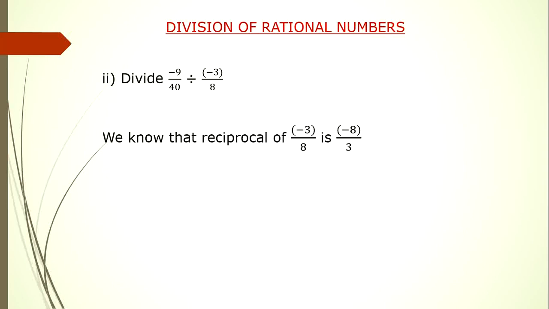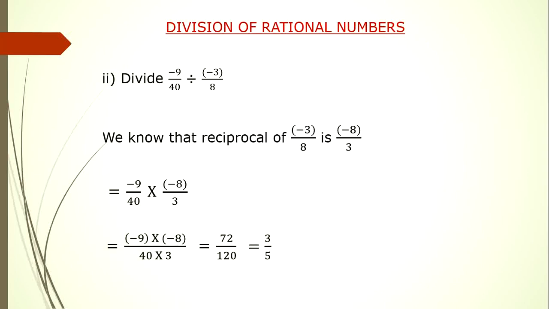Yes, so we need to multiply minus 9 by 40 with minus 8 by 3. So minus 9 into minus 8 by 40 into 3. And we know the product of two negative numbers is always positive. So 9 8s are 72 and 40 3s are 120. So we get 72 by 120. On further simplification gives us 3 by 5.